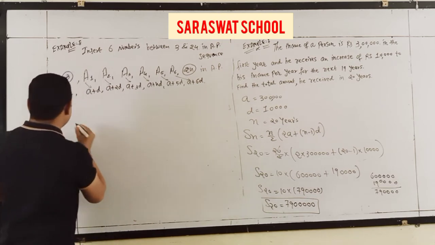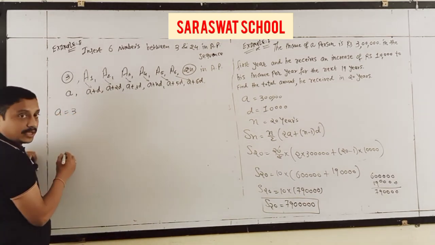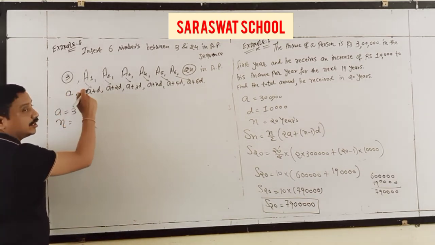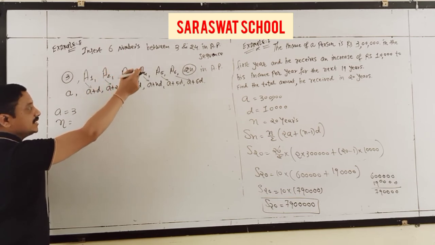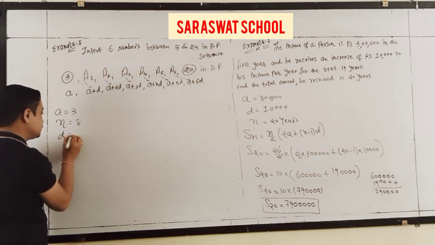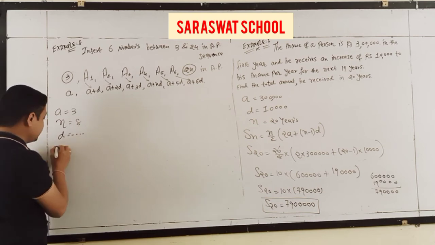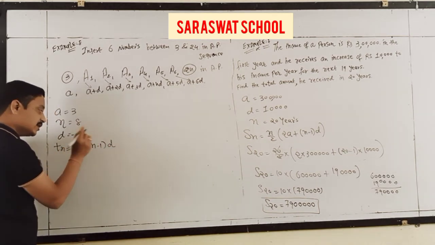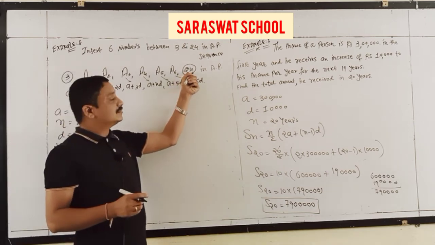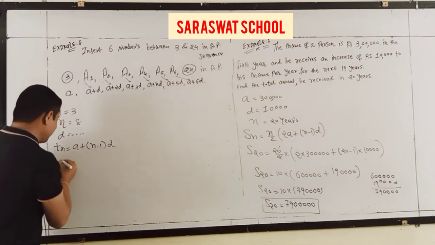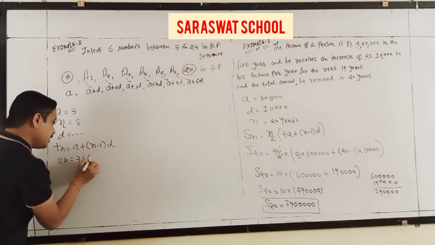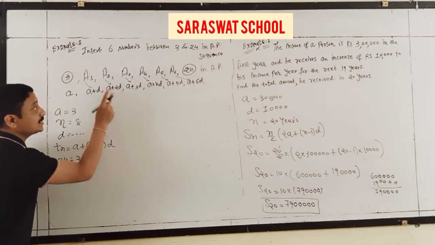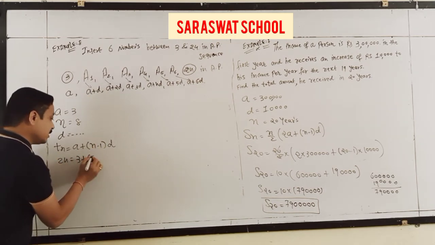How many terms? a is 3, and the total number of terms here is 1, 2, 3, 4, 5, 6, 7 and 8. The difference is unknown, but the Tn formula is known: Tn = a + (n - 1)d. Tn means the last term, which is 24. a is 3, n is 8, minus 1.